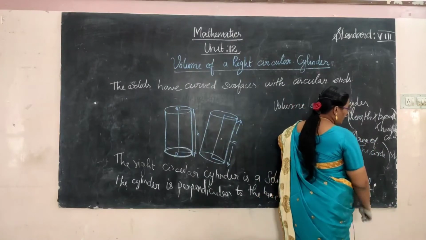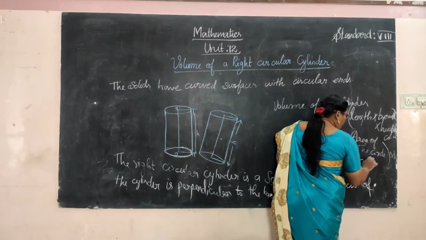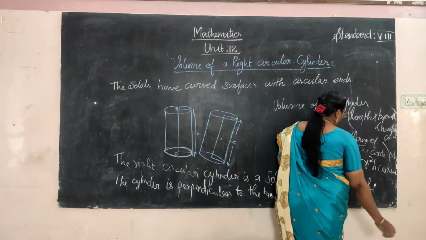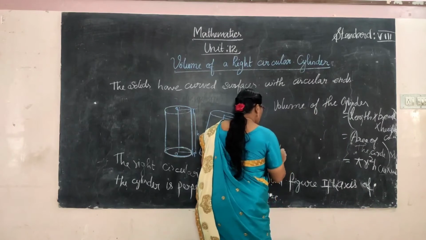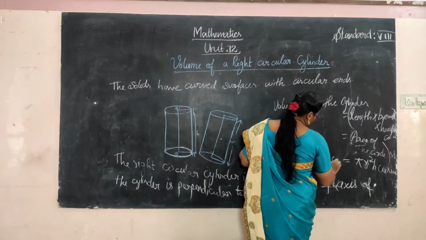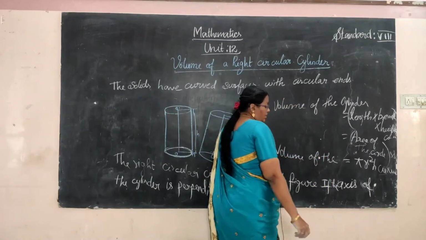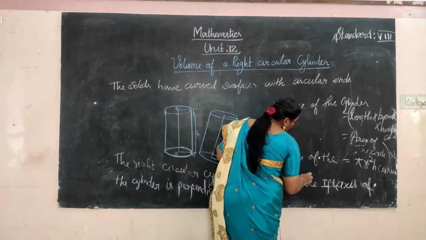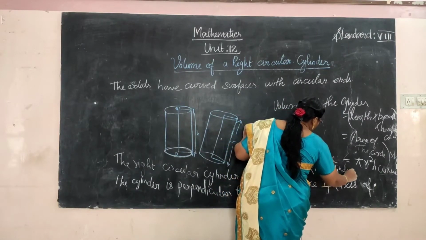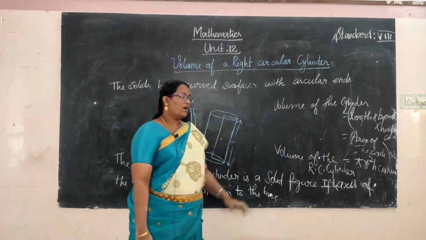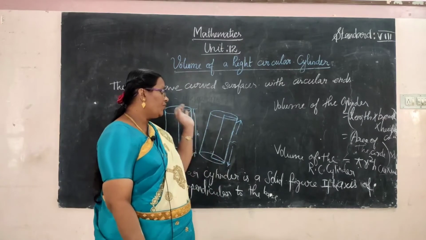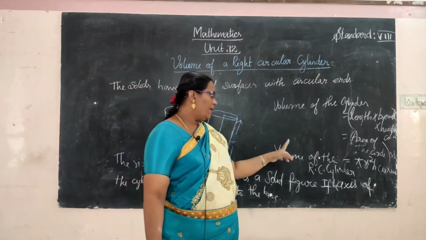The area of the circle is pi r squared, so the volume of the right circular cylinder is equal to pi r squared h cubic units. So what is the formula? Volume of a right circular cylinder is equal to pi r squared h.